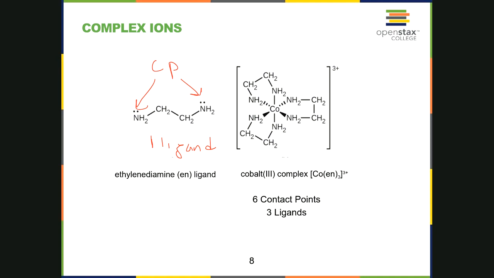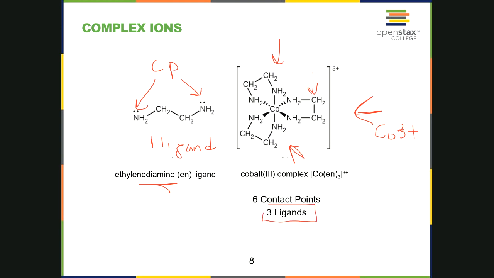So that you can form this coordinate covalent complex ion using cobalt 3 plus, and we've got 1, 2, 3 of the molecule that's on the left here. So that gives you 3 ligands.